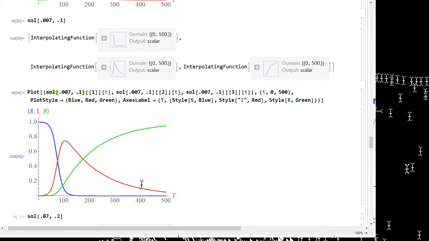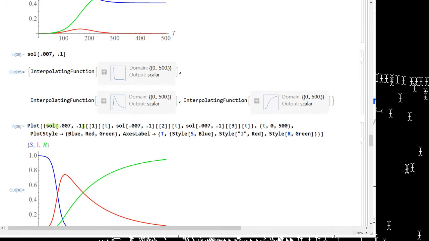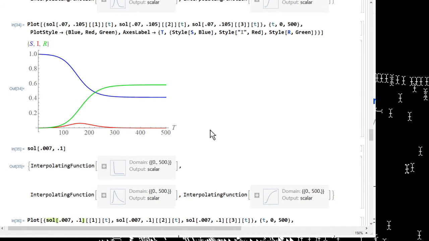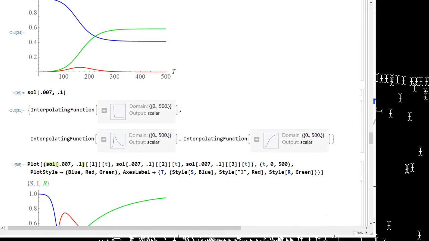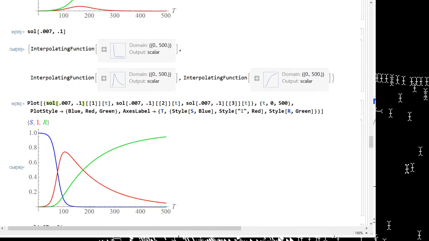If the recovery rate is rather low, you get, so if you are not interested any longer, just leave that. But I just move on here. So here, if the recovery rate is rather low, 0.007, everyone will get infected, and you have at some point more than 70% of the population being infected.